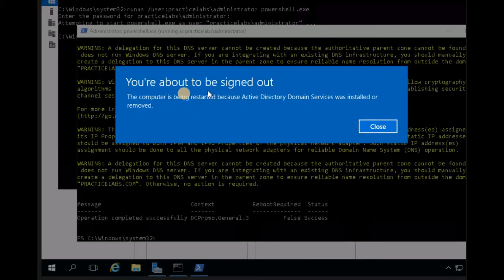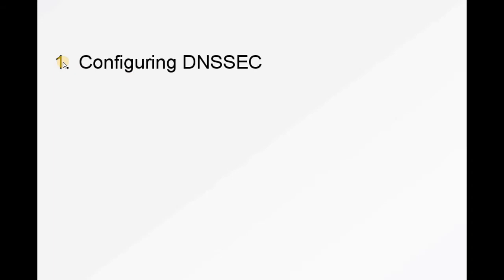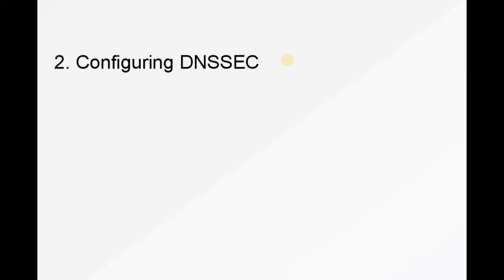Okay, it's done. So you're about to sign out. So now we are going to see the second task. So configuring DNSSEC. The second task is configuring DNSSEC. So configuring DNSSEC on your zone is an easy and straightforward process using the DNS manager, as most of the important settings for signing the zone are provided by the DNSSEC wizard.